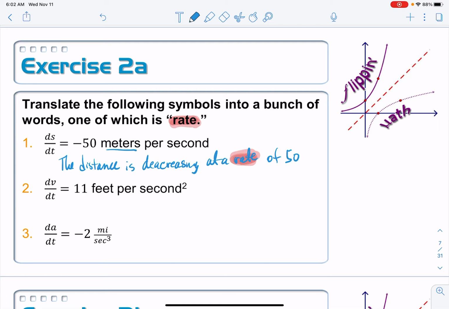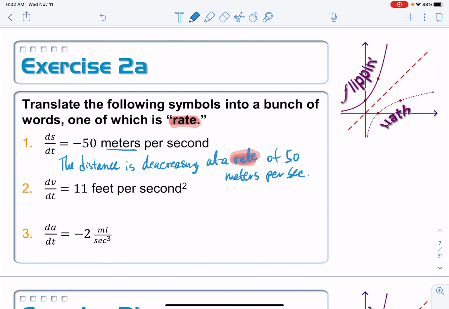At a rate of 50 meters per second. There you go, right? So if I had that ds/dt is equal to negative 50 as the final answer after I'm done with my related rate problem, then I would interpret it like that in a sentence.